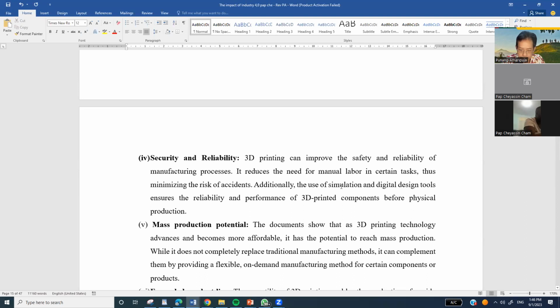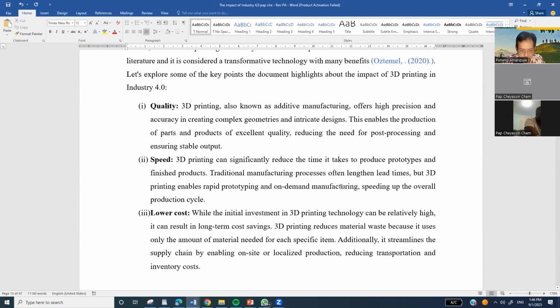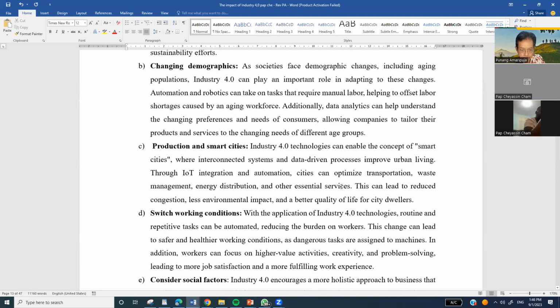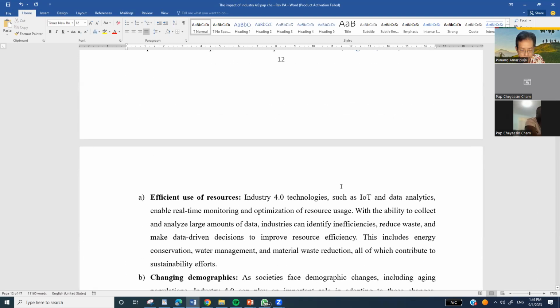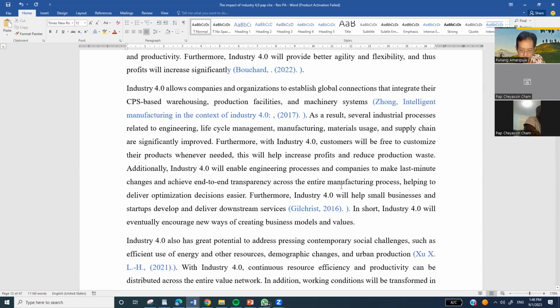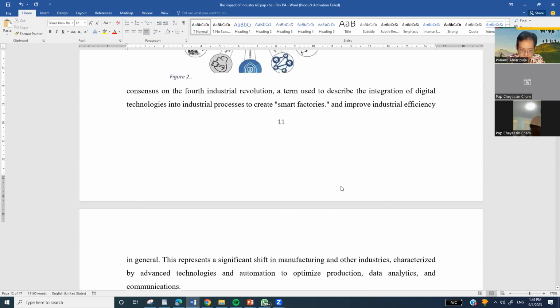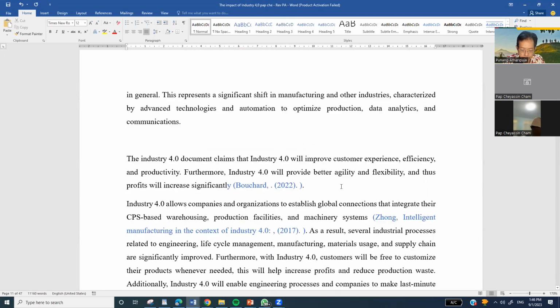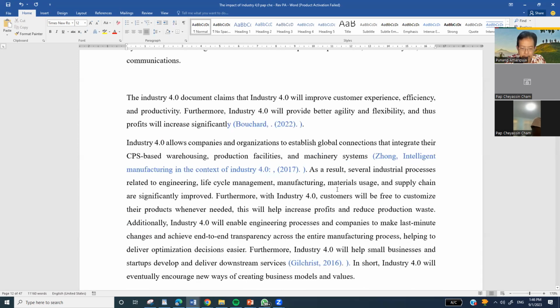If you check it on top, like I was explaining, the 3D printing, big data information, and the Internet of Things. That's what I base it on, because I'm not only focusing on companies. Basically my questionnaire will be from people's experience.